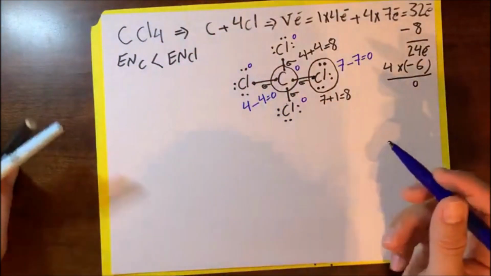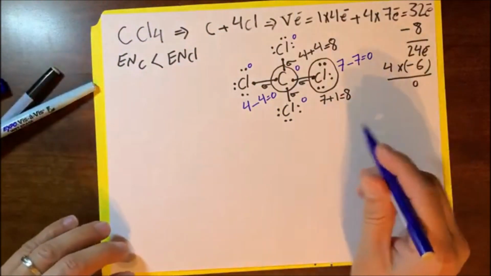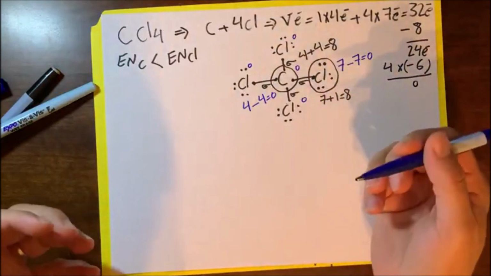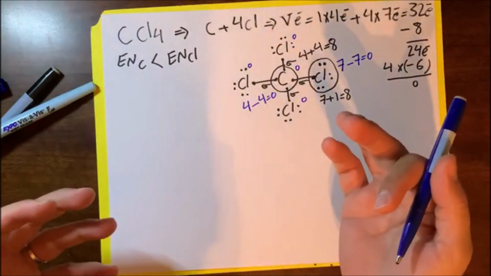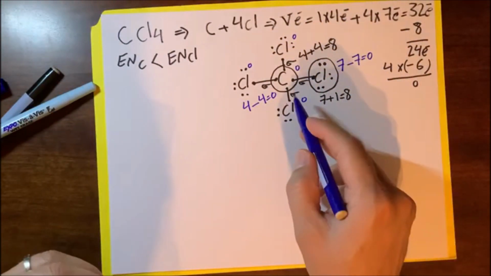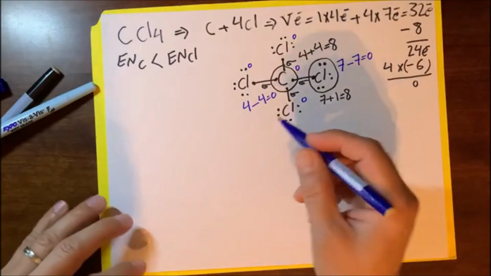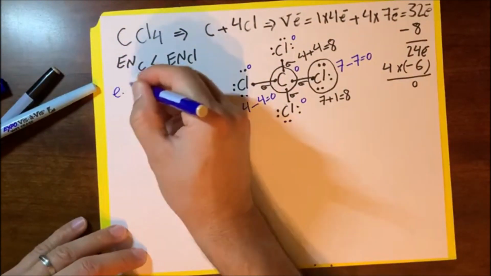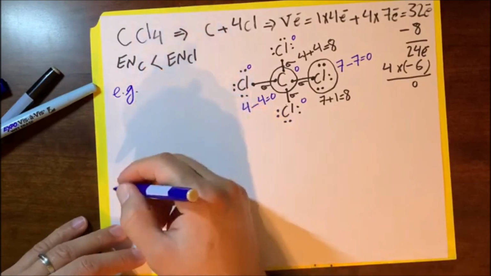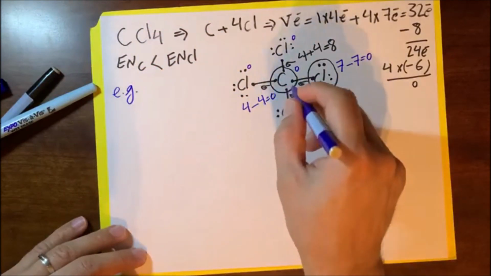The way we figure electron geometry and molecular geometry, we go with pairs of electrons around the central atom. So when it comes to electron geometry, we go with the sigma plus lone pairs around the central atom.